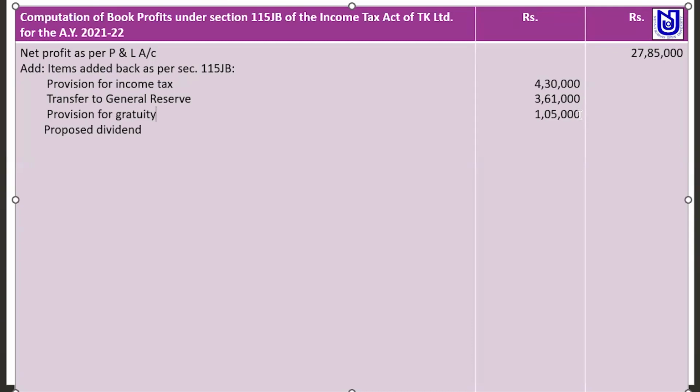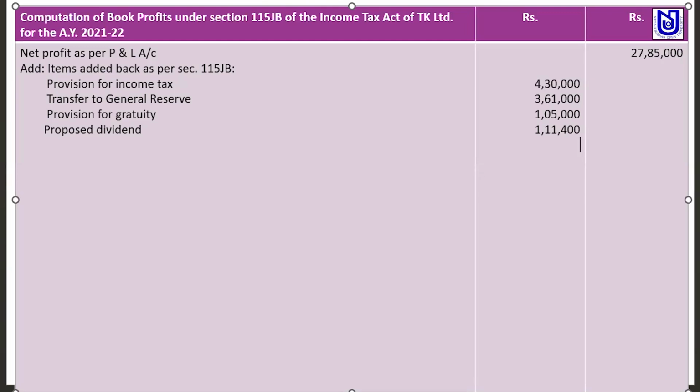Proposed dividend, what is the figure? 1,11,400. Then provision for losses of subsidiary company, clearly stated. Amount of provision for losses of subsidiary companies under section 1 are to be added back. So it is to be added back.